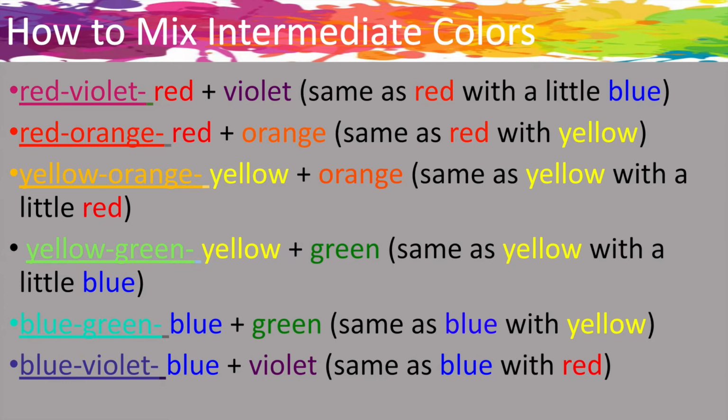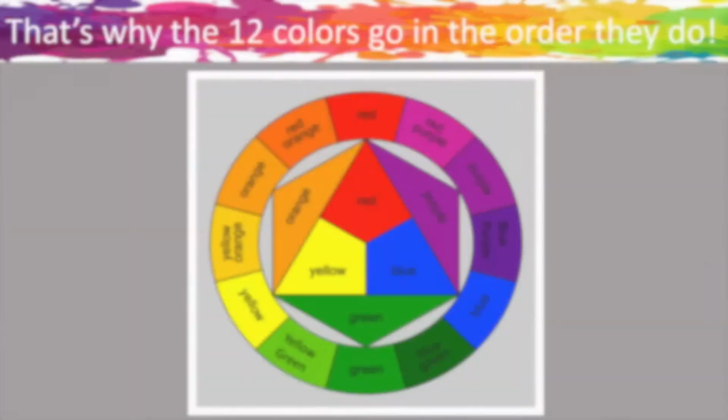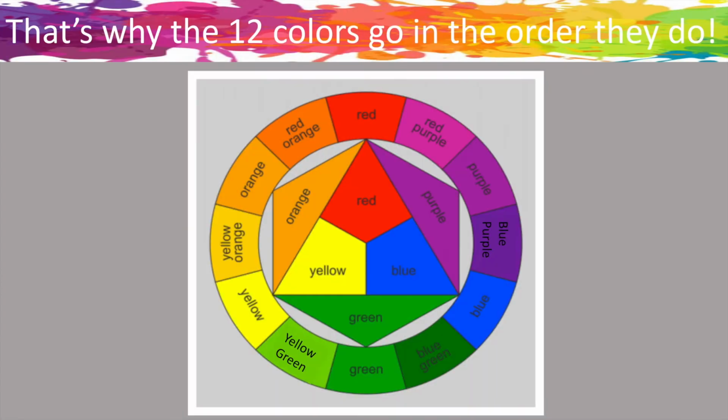Yellow-green is yellow and green, same as yellow with a little bit of blue. Blue-green is blue and green, same as blue with yellow. And blue-violet is blue and violet, same as blue and red. So that is why there are 12 colors in order in the color wheel.